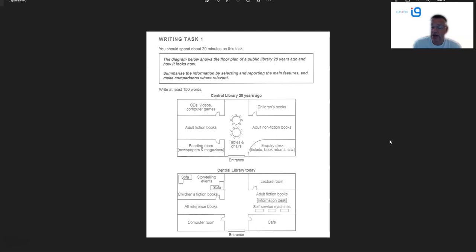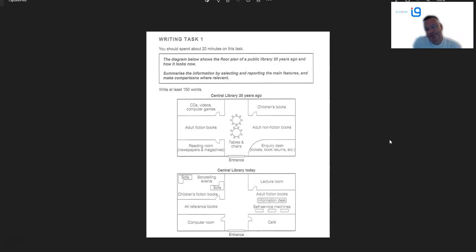If you look at the last one, that's a good example of that. Or start from the beginning of a period and go up to the end. The one just before that, Cambridge 18 Test 1 and 2 are good examples if you want to go and take a look at those.